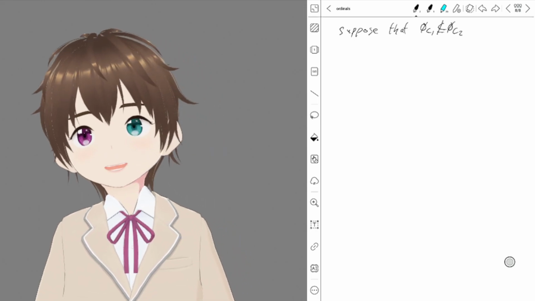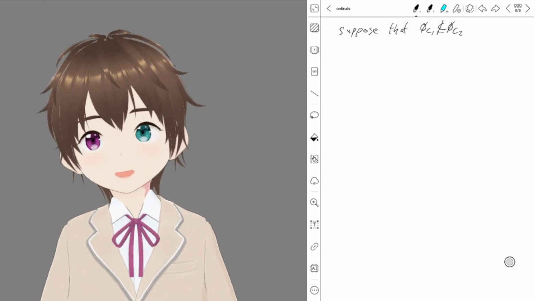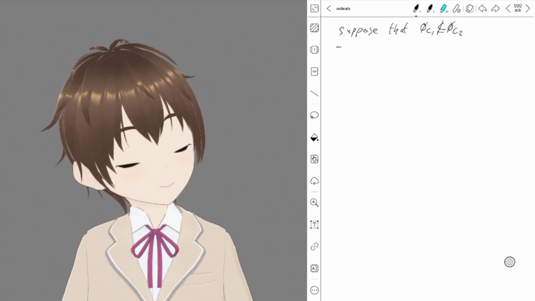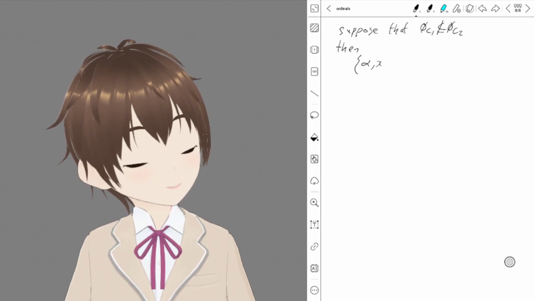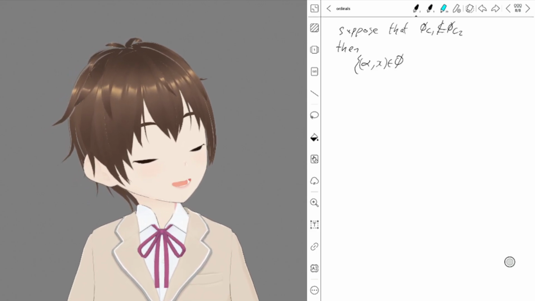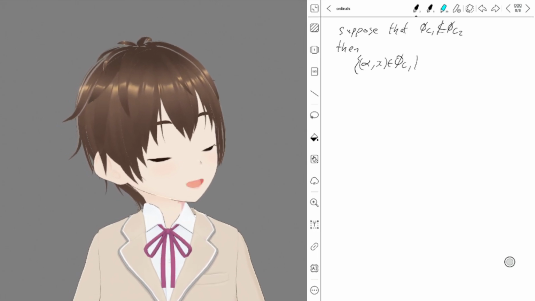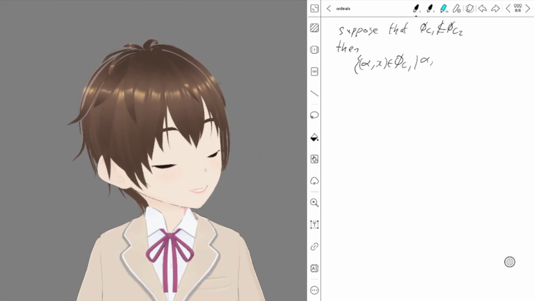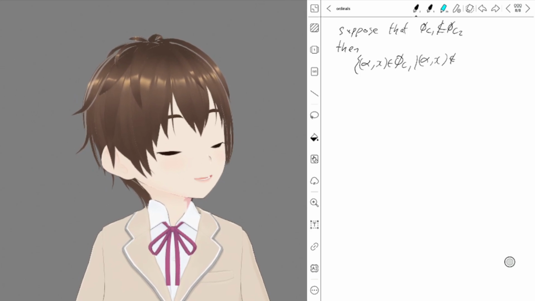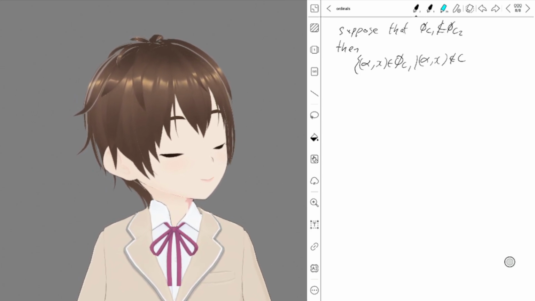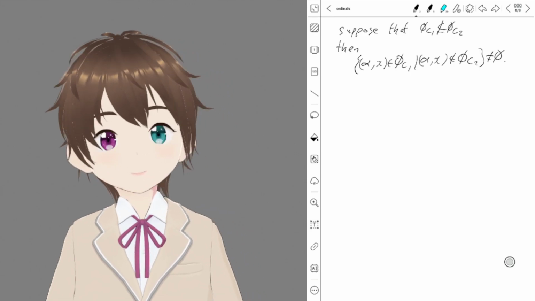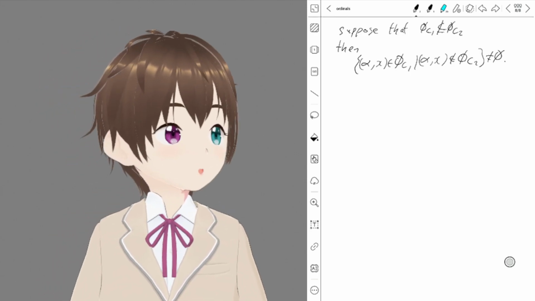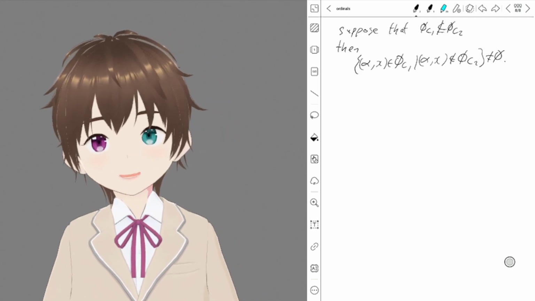This means that the set of elements of phi C1 which are not in phi C2 is non-empty. Then the set of alpha x in phi C1 such that alpha x is not in phi C2 is not the empty set. Because if this was the empty set, then every element of phi C1 would be in phi C2, which means it would be a subset.